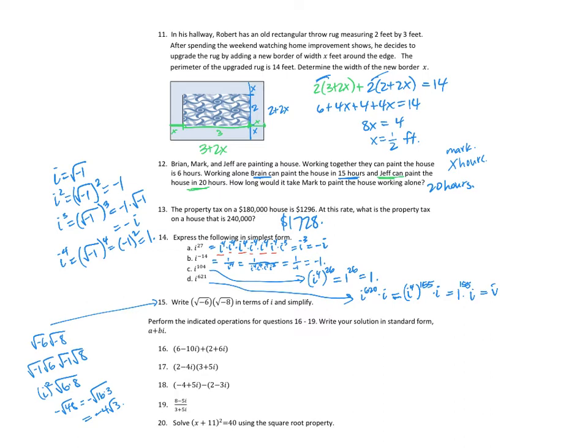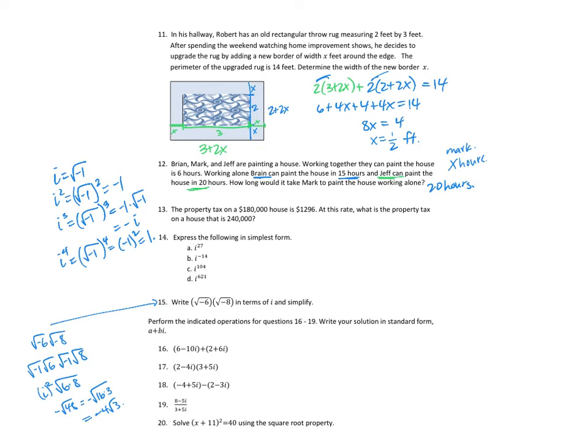Okay. All right, so moving on to the next problem. I want to perform the indicated operations and write the solution in standard form. So I'm going to delete all this other stuff, and we'll write down what we have over here.